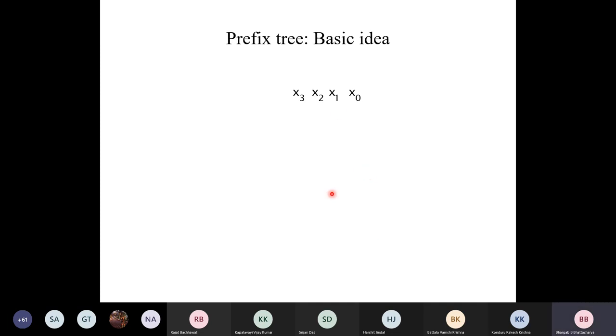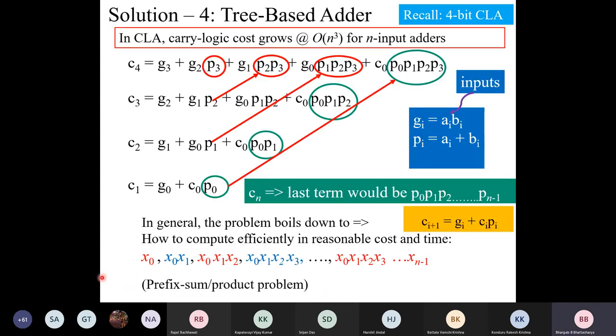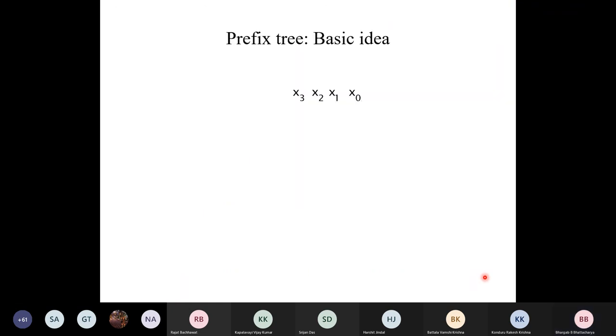A linear time solution is obvious, because you just start with this, then take the product with x1, then the product with x2 with the previous one, keep on taking the product and generate the sequence. So that means you have n terms here, and I do n product operations serially. So what is great about that? Can you do faster? That is the question.